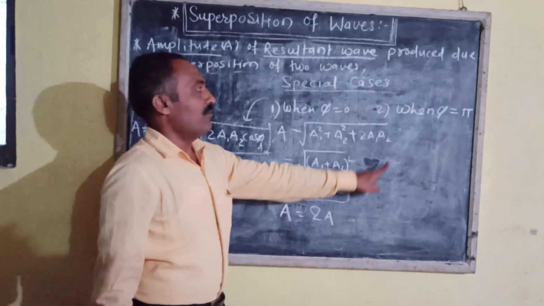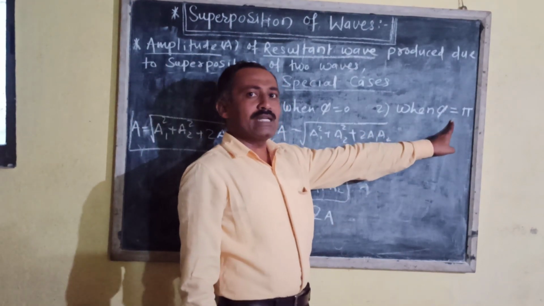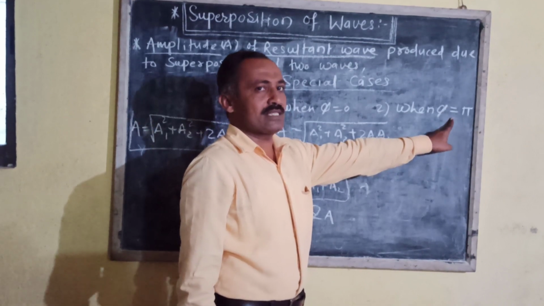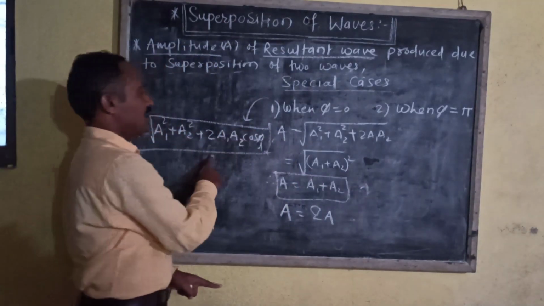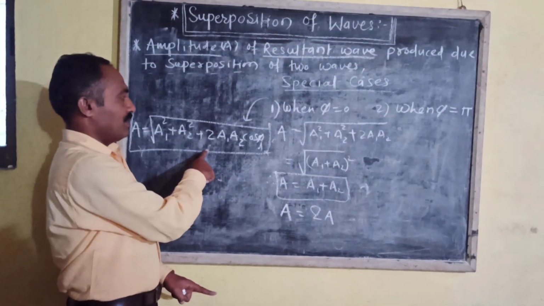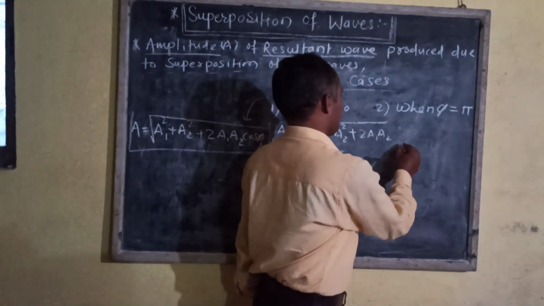Similarly, when the phase difference phi is equal to pi, that is, the two superimposing waves are out of phase, then the amplitude of the resultant wave is given by A is equal to the square root of a1 square plus a2 square plus twice a1 a2 cos pi.